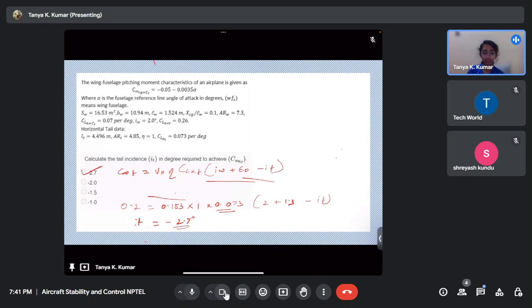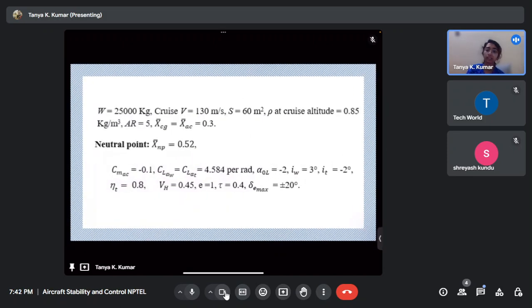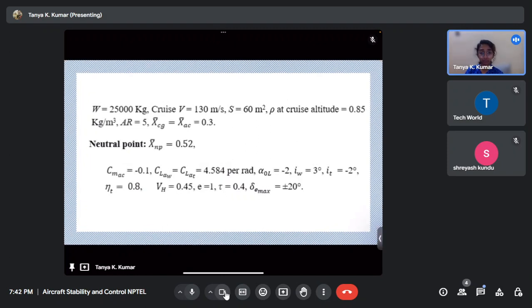Okay, now you have another set of data given to you and then some questions based on that. So here you have the weight of the aircraft, cruise velocity, the surface area, the density at cruise altitude, the aspect ratio, and the CG and AC at the same point. Then you have the neutral point, then some data related to stability and other parameters.